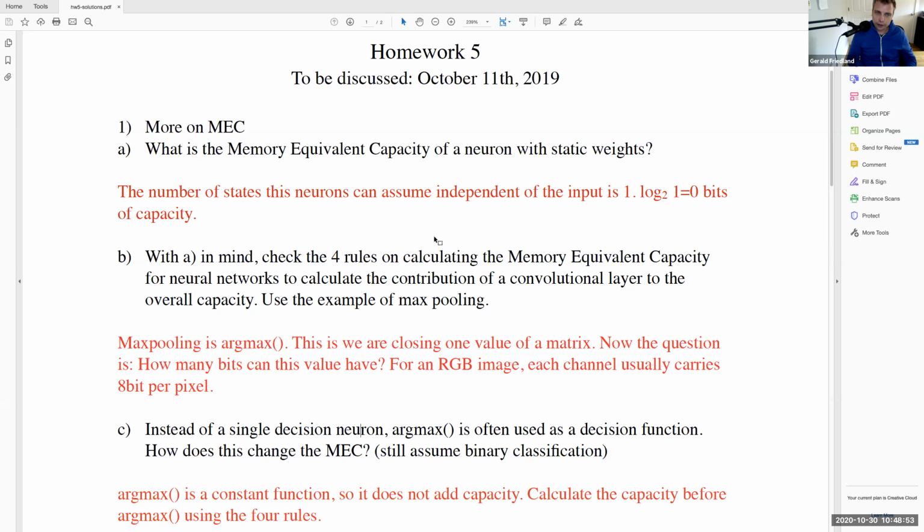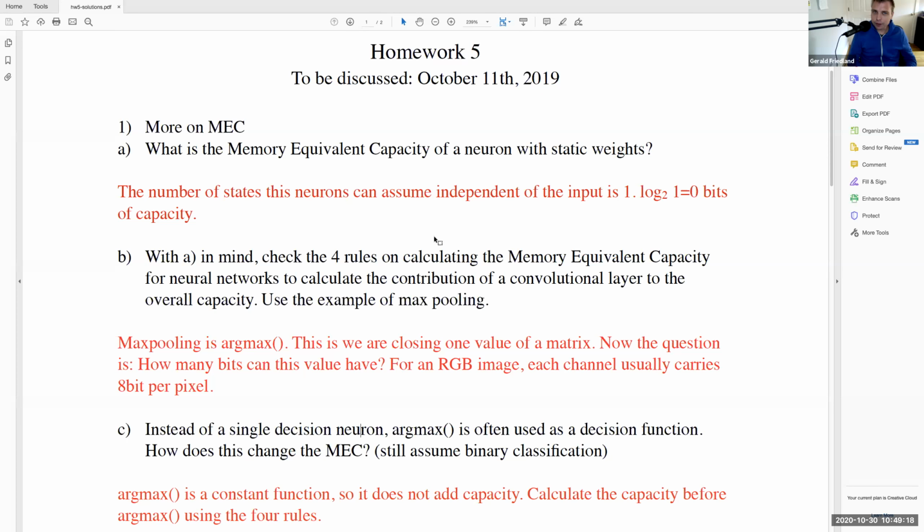Homework 5 asks: what is the memory equivalent capacity of a neuron with static weights, where the number of states this neuron can assume is independent of the input, is 1? It turns out if you have a switch that's set and you can't switch anymore, you don't have memory. That means you have 0 bits of capacity.